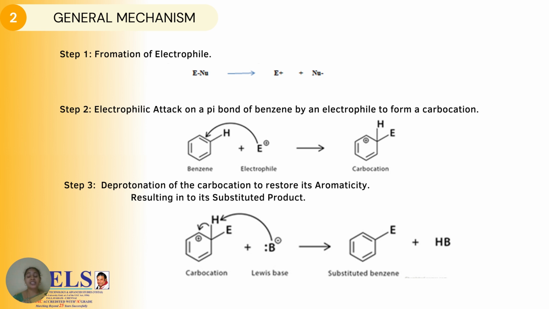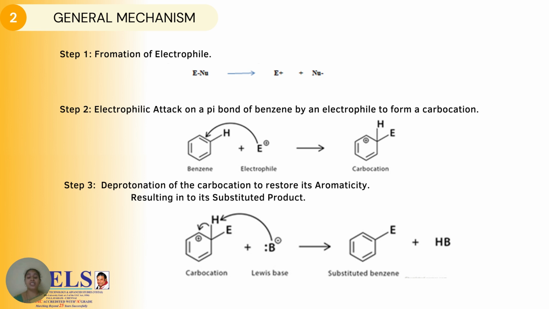Why? Because the electrophile doesn't have electrons, it requires electrons to form the bond with carbon. Those electrons are taken from the pi electron cloud of the benzene. As it takes the electrons, the benzene gets a positive charge, producing a carbocation. In step 3, the nucleophile which was formed in step 1 is considered a base, and it has the ability to abstract the proton from the benzene ring.